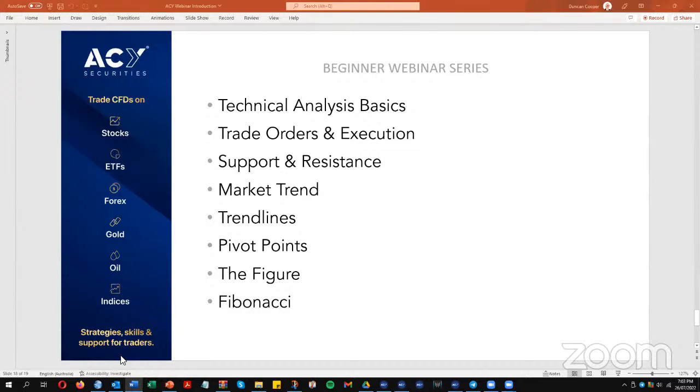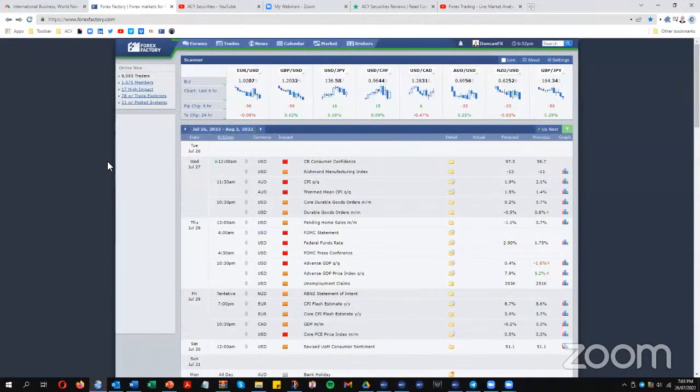All right, before we get to the charts, I just want to have a look at the news items coming out for the week at forexfactory.com. Now, the market's a little bit range bound, and that's because we've got the FOMC statement coming out Thursday morning. So there's a little bit of movement, then we keep flopping back down. Nothing's really moving upwards and holding its gain before moving back down because it's rather range bound.